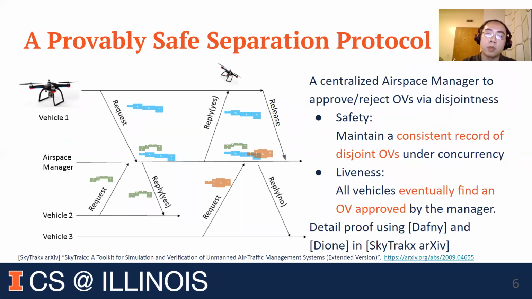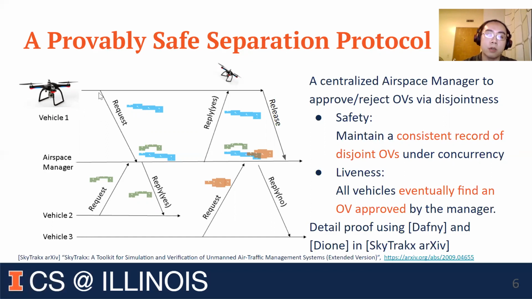So with the formal definition of the operation volumes, now we can design a UTM protocol by sharing the operation volumes between vehicles and the airspace managers. In this particular example, we designed a centralized airspace manager to approve or reject operation volumes requested by each of the vehicles. For example, in vehicle 2's first request, at this point the airspace manager replied yes.